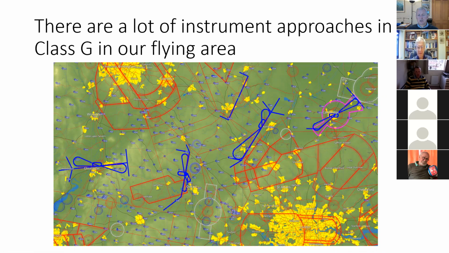We've got Cambridge to the east, and then all these blue lines are instrument approaches. So if you look at coming out of Gransden, which is here, I think, and going west, it's actually quite difficult not to fly through some of these instrument approaches, if not impossible. So we're doing that. We need to, and so understanding where they are, what people are doing is quite important.